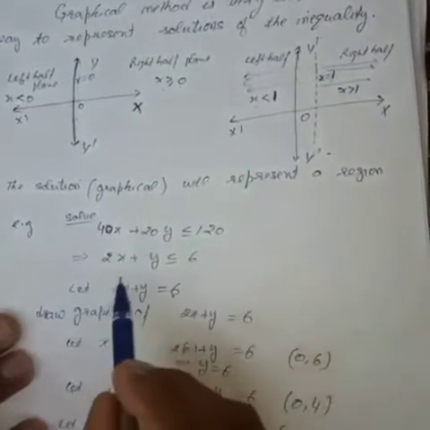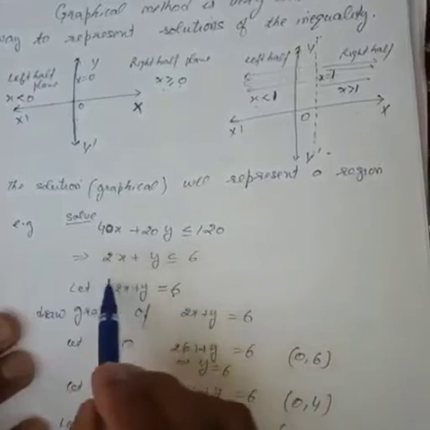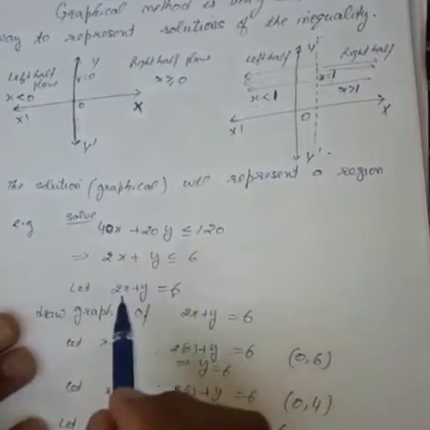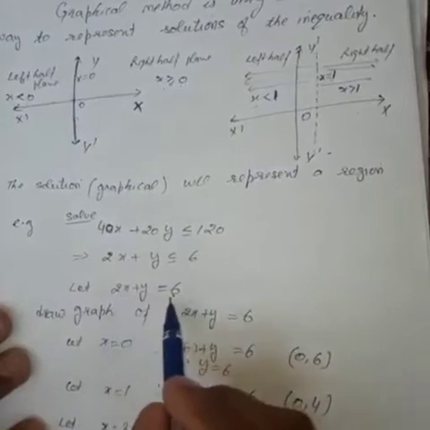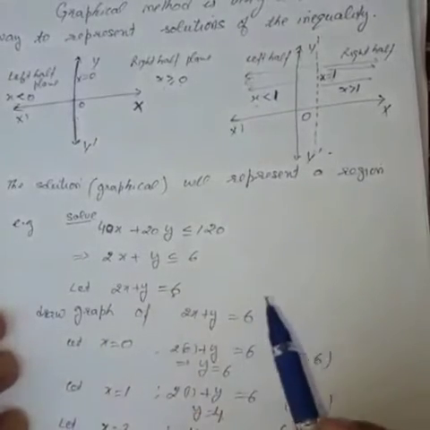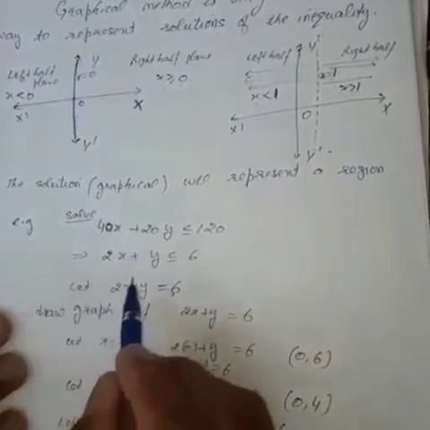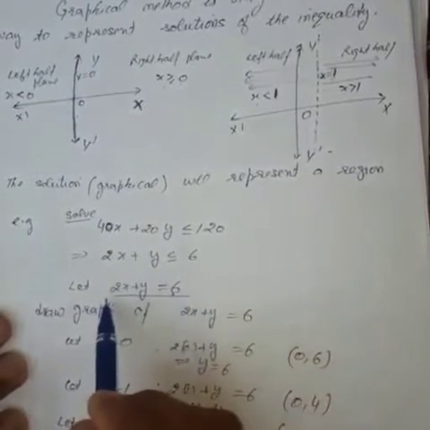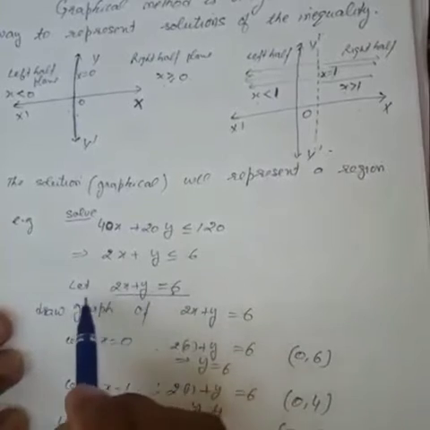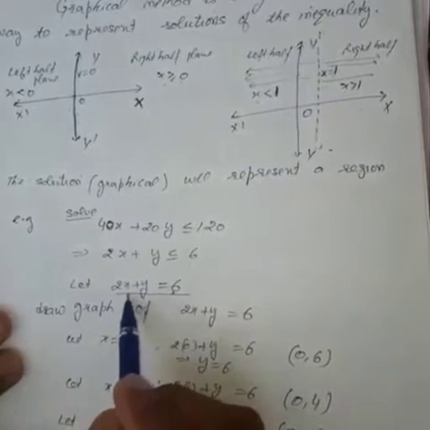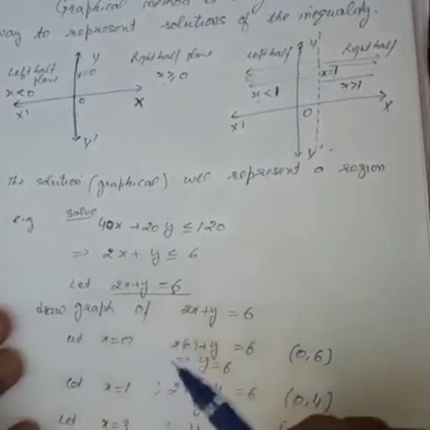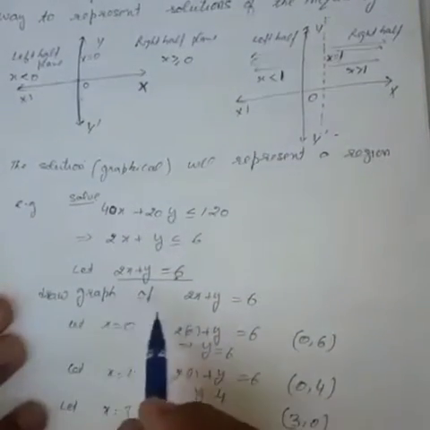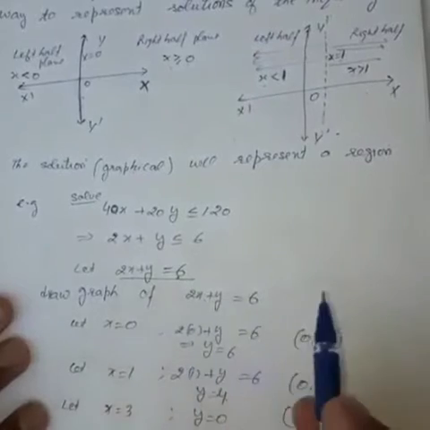Now this inequality will represent a region, and we can plot the graph of an equation only, we have learned in the previous classes. So the first step will be, you will assume an equation. To draw the graph, you consider an equation, and on the basis of this equation we will represent this region. So now draw the graph of 2x plus y is equal to 6.